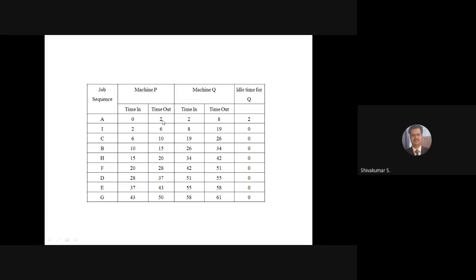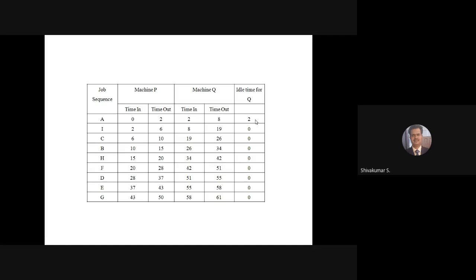So after completing 2 minutes of processing on machine P, you're going to enter machine Q. That's why time in is 2 minutes for Q. It takes 6 minutes for processing, so 8. Okay. So the idle time for machine Q is 2 because machine Q is going to wait for 2 minutes till the job comes here. So 2 minutes become idle time for machine Q.